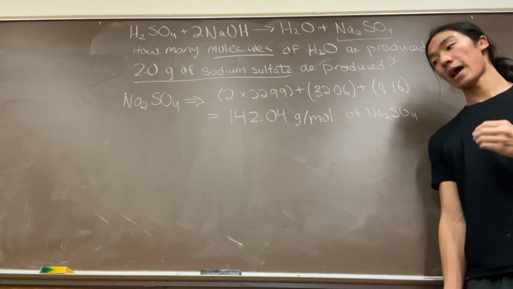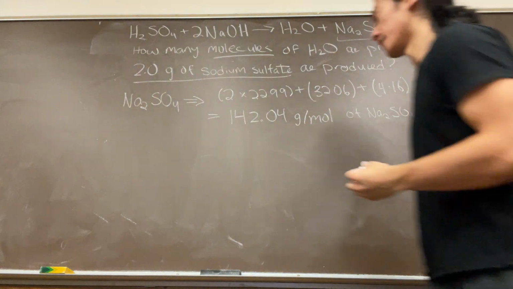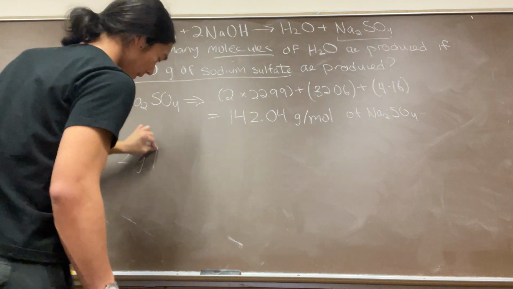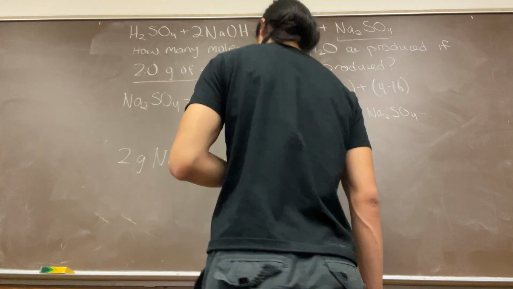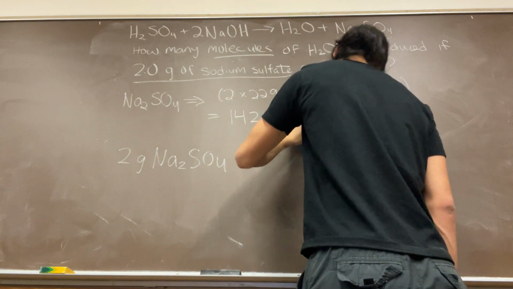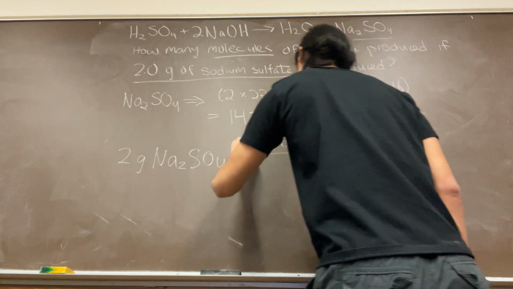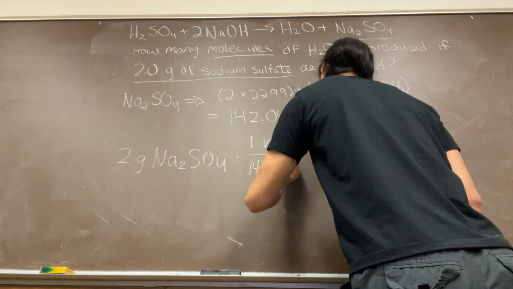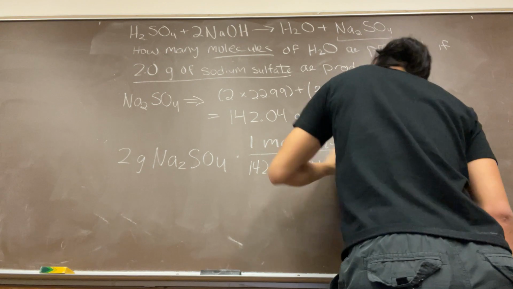Cool. So we know how many grams are in 1 mole of sodium sulfate. Now we just need to find out how many moles of sodium sulfate we produced. So we need to work backwards again. We have 2 grams of Na2SO4, and we multiply that by 1 mole of Na2SO4, which is the same as saying 142.04 grams of Na2SO4.